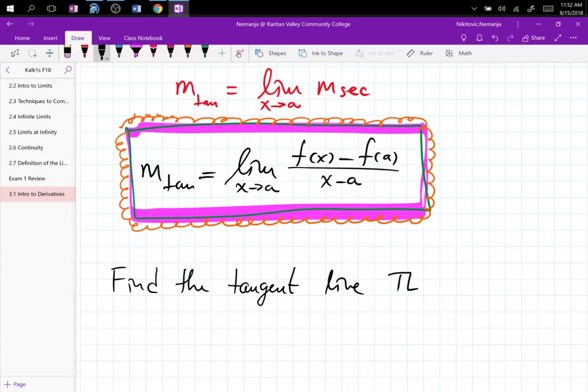And we will be drowning in tangent lines in chapters 3 and 4. So TL for the rest of the course. Find the tangent line for f of x equals x squared minus 1 at x equals 3.